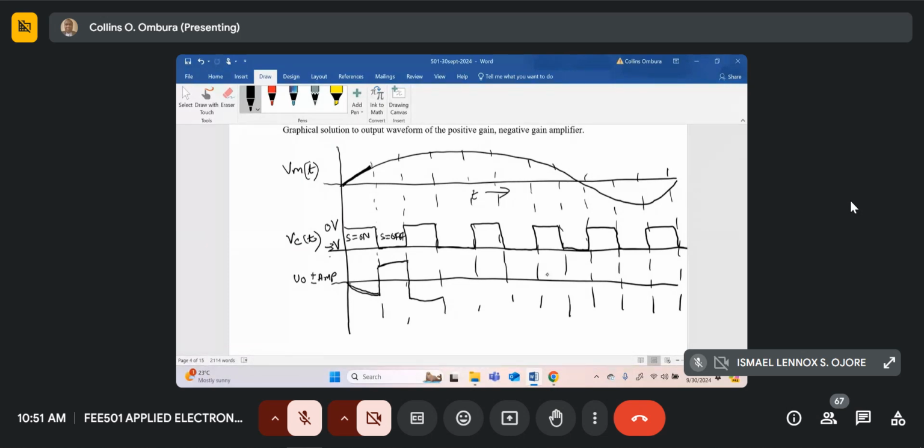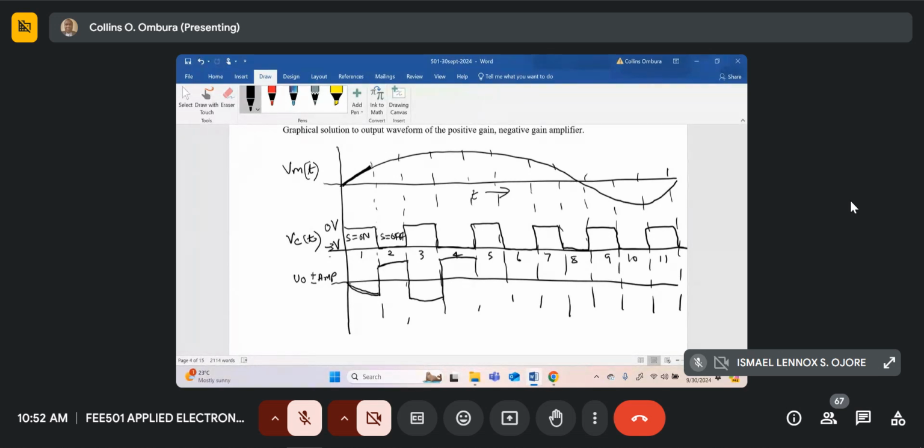Okay, the intervals, let me mark them here so that you can all follow. So next interval is number 4. Switch is off. So we multiply by +1. So the input times +1, it will look something like that.